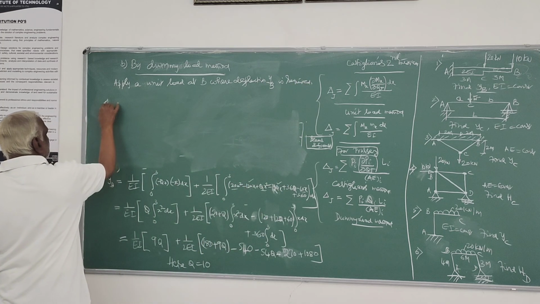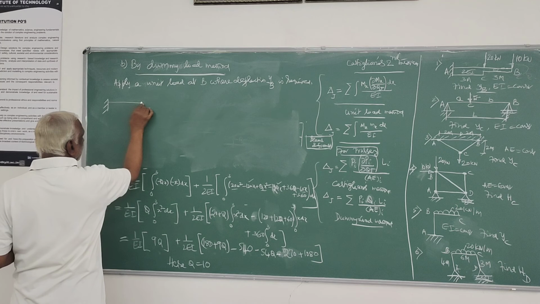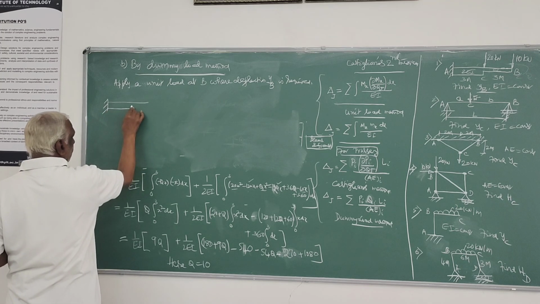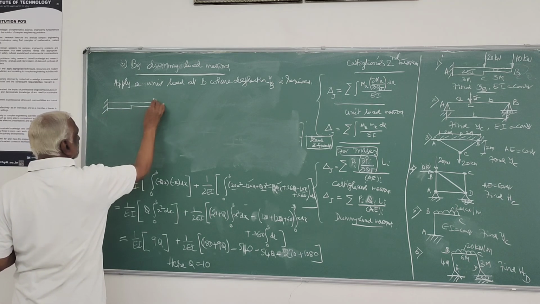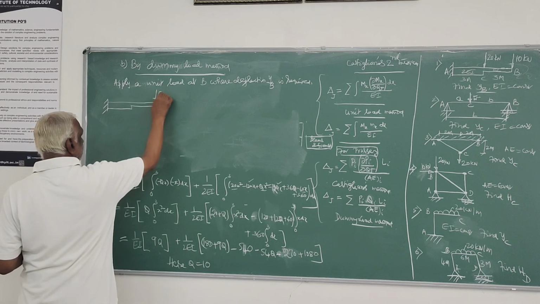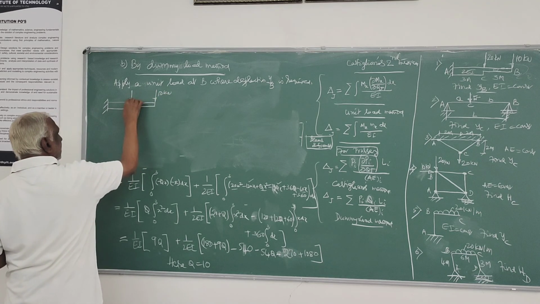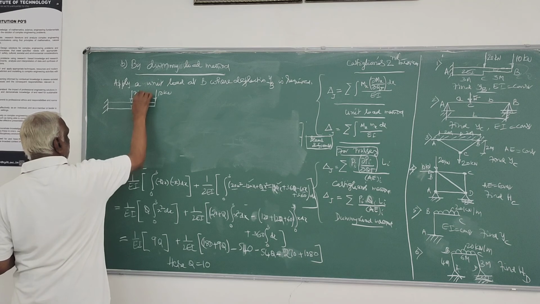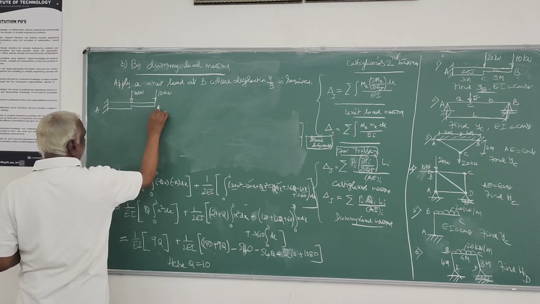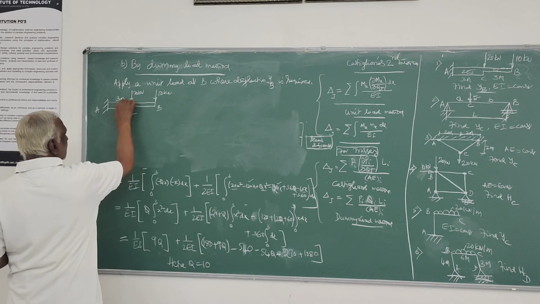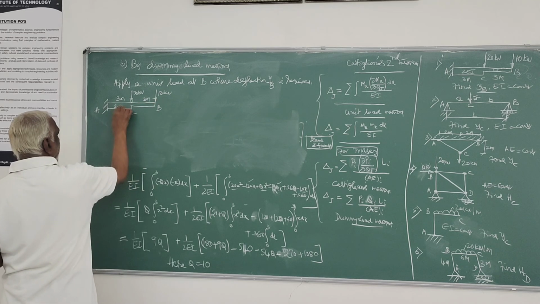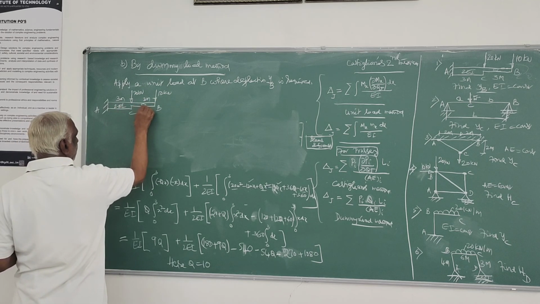You have the given loads, that load you are not going to alter at all. You will retain this 10 kilonewtons, this 20 kilonewton load, 3 meters, 2 EI. This is not going to alter.